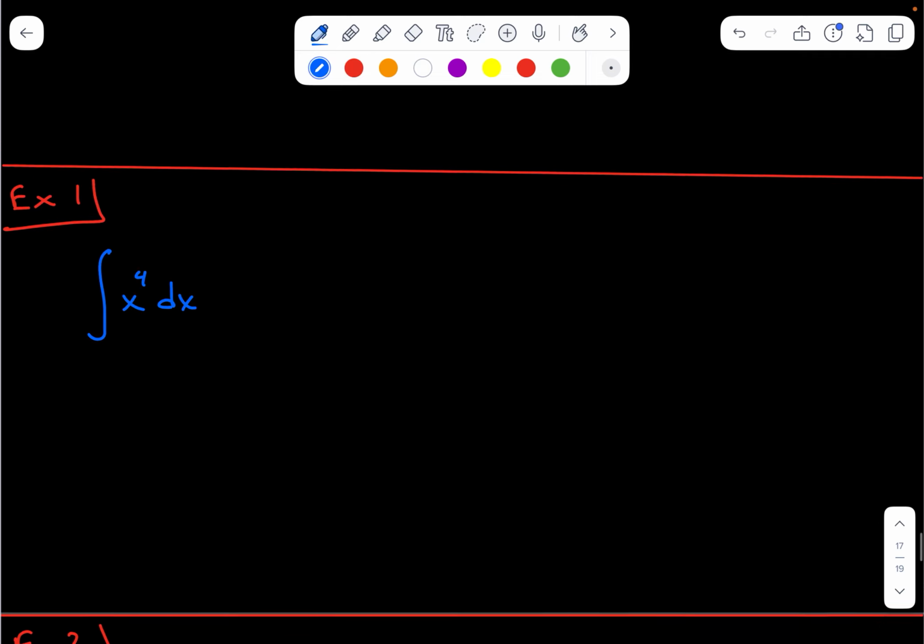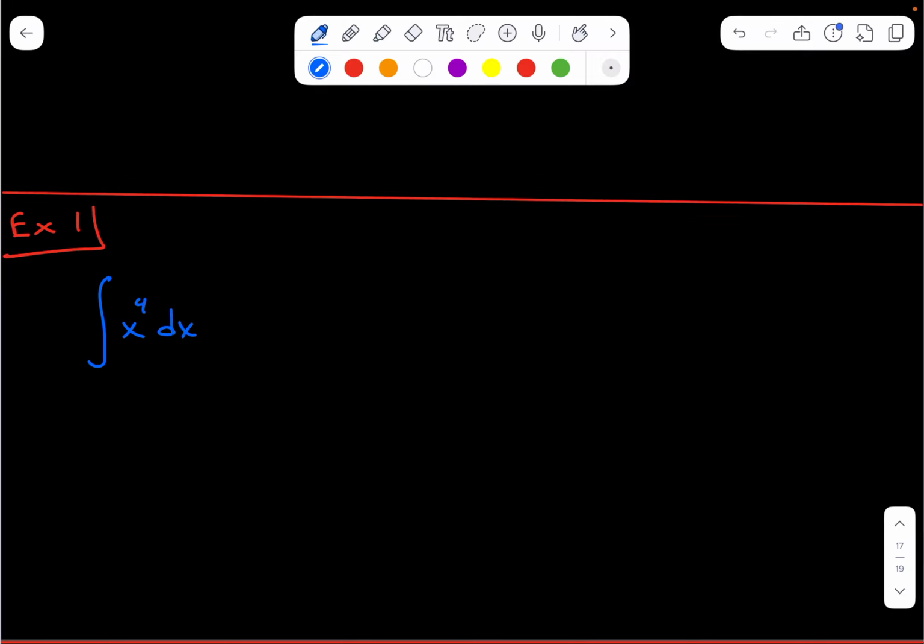So we have example 1. We have the integral of x to the 4 dx. So our n in this situation is 4. So this is going to be x to the 4 plus 1 over 4 plus 1 plus c.